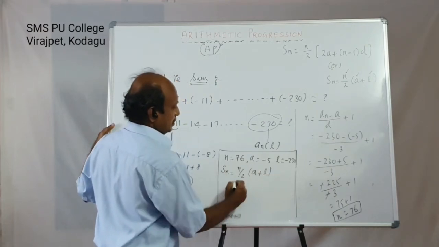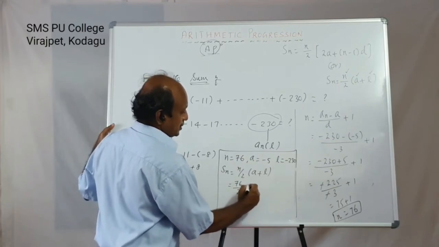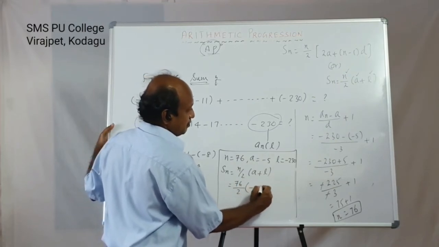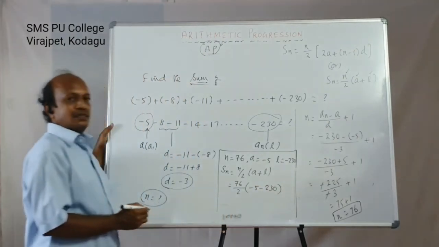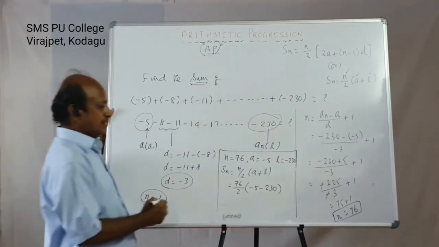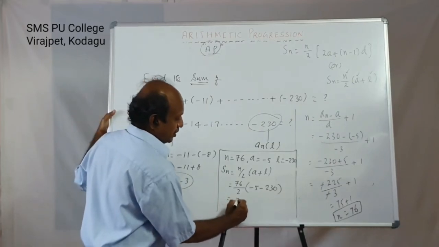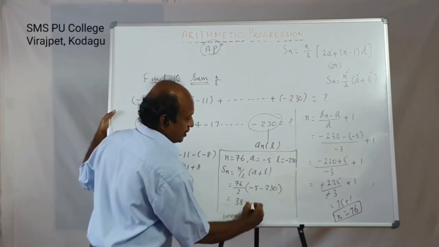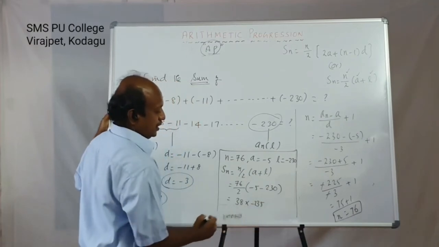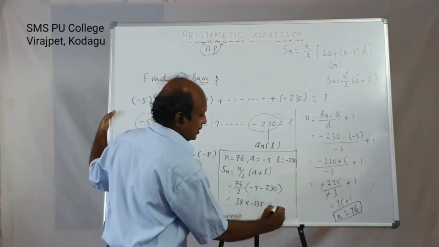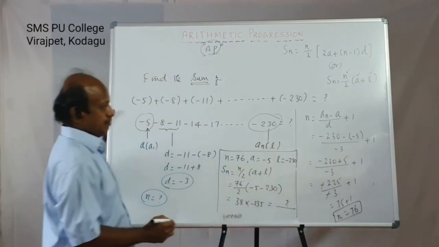The n value is 76 by 2, the a value is minus 5, the l value is minus 230. Just replace the values of the particular alphabets, then simplify. This is nothing but 38 into minus 235. Now we have to multiply this and we will get the required answer.